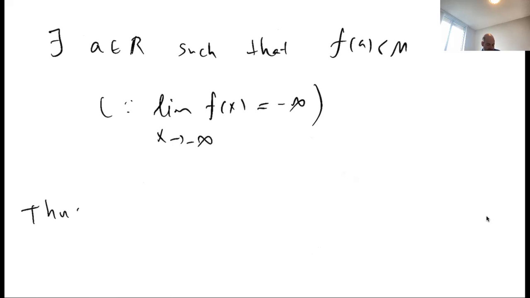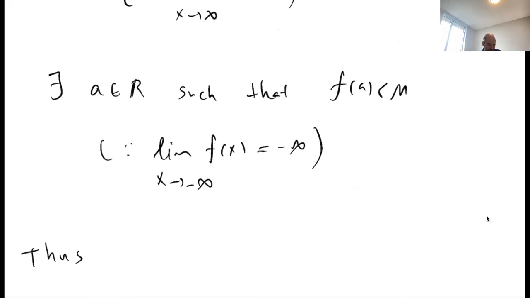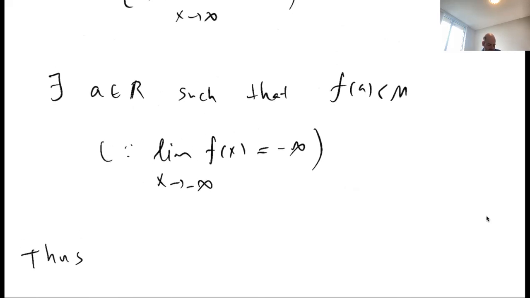And thus, if there exists a in R, and of course I can assume that this a is less than b, right? Because this a could be where x approaches minus infinity, where the limit of f of x is minus infinity.